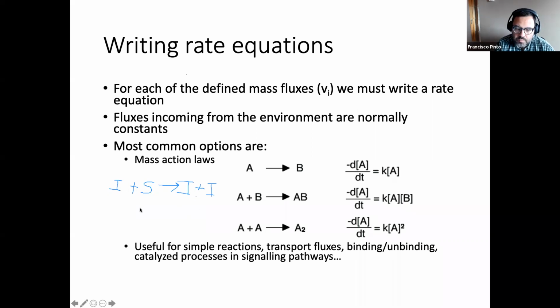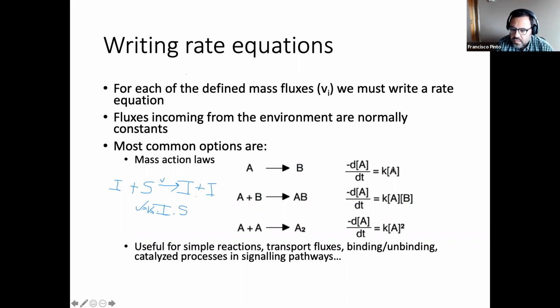So the rate of this process is going to have a rate constant. V equals a rate constant times the abundance of I times the abundance of susceptible individuals. So mass action rate laws are always written like that.